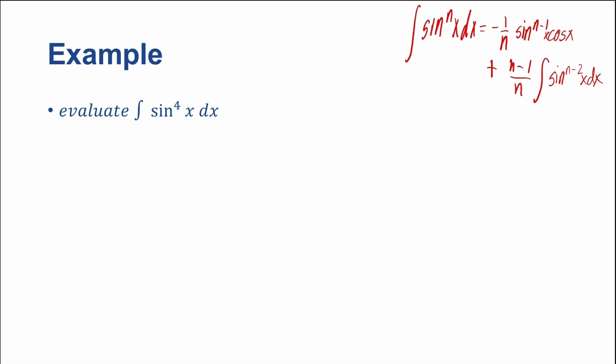Now what we can do is just plug this in. Our n in this case is 4. What's important is that we remember some important trig identities. We can remember that sine squared is equal to 1 minus the cosine of 2x, all over 2. That's going to make our job a little bit easier, so we don't need to go through this whole reduction mess again, because this is kind of a mess, to be honest.